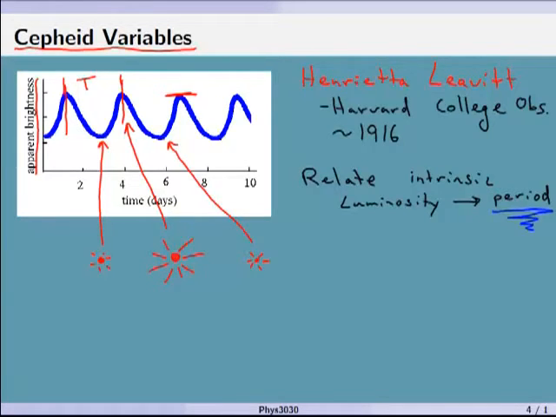Henrietta Leavitt finds this out in the late teens of last century, and then immediately we get to start using this. If you're curious what the relationship actually is, it's a direct relationship: as the period goes up, so does the brightness.